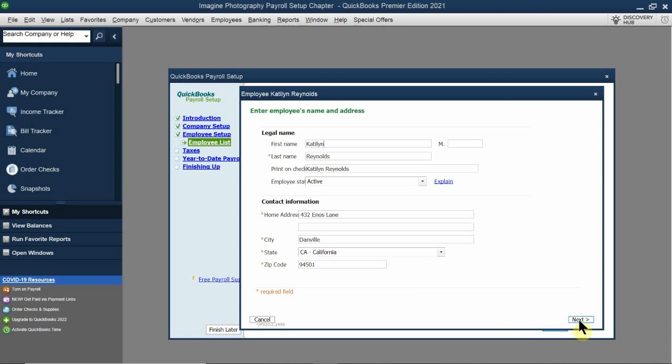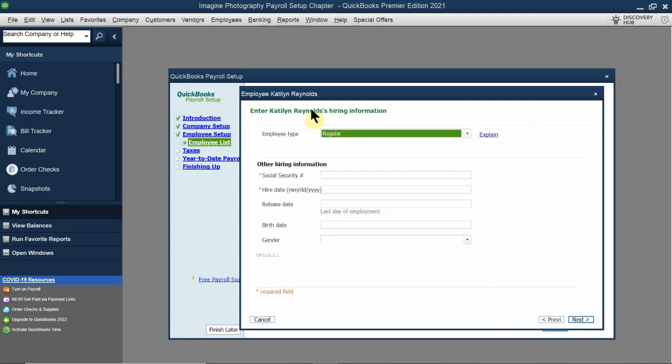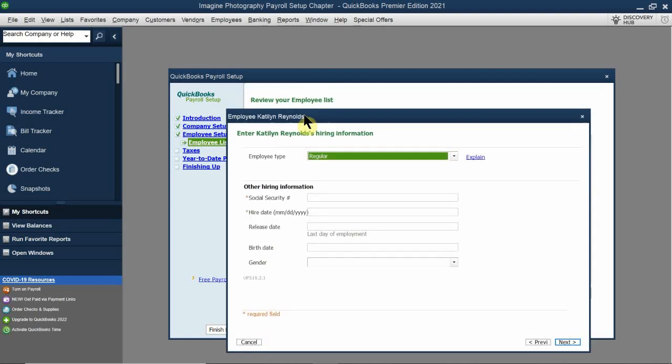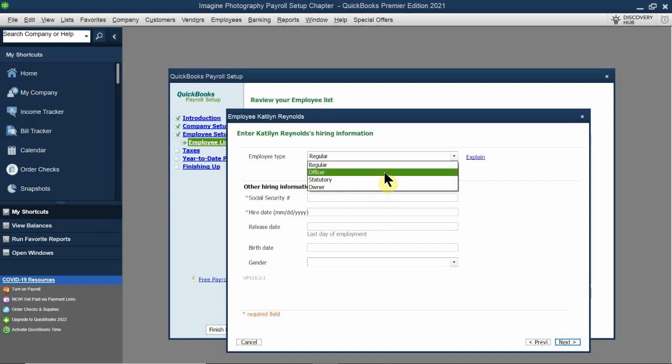Okay. So next thing I have here is going to talk about the employee type. So what kind of employee is she? Is she a regular employee?